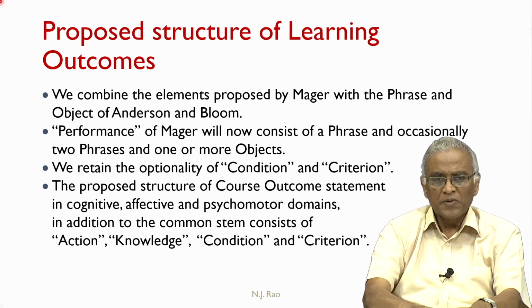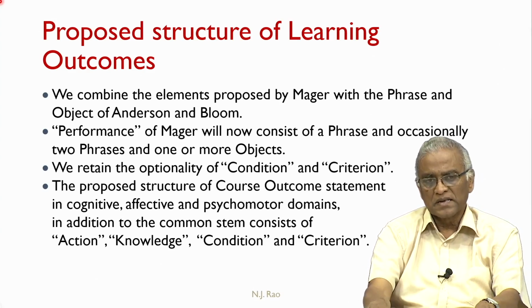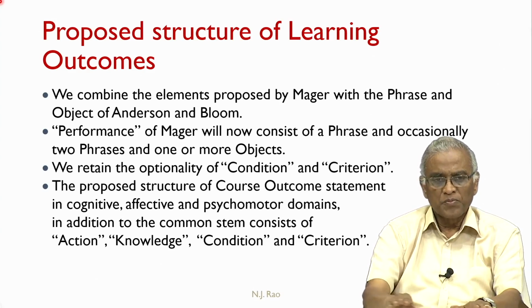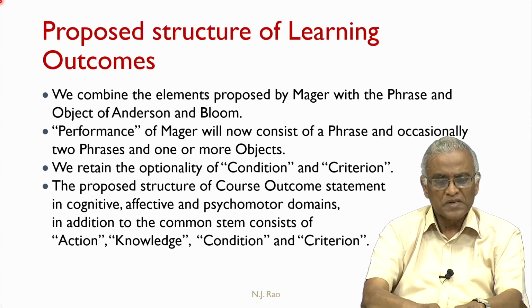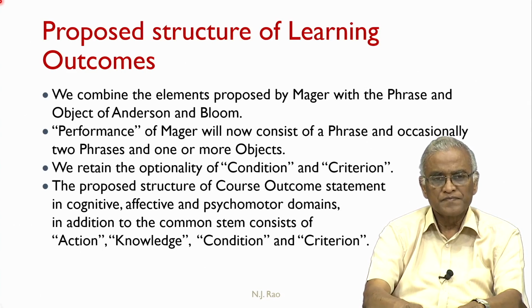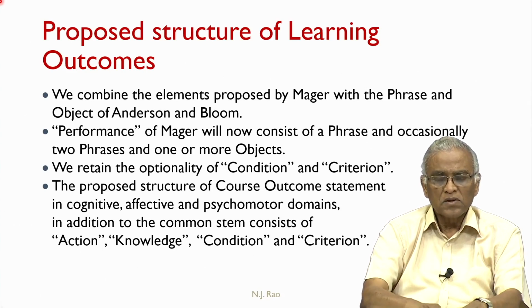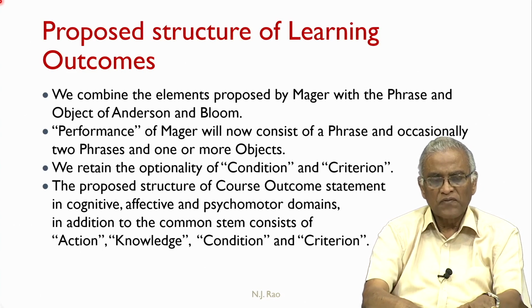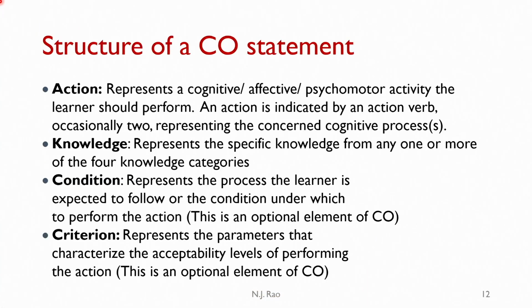We retain the optionality of condition and criterion. So the proposed structure of course outcome statement in cognitive, affective and psychomotor domains, in addition to the common stem, consists of action, knowledge, condition and criterion. So this is the structure of a CBO statement we are proposing.